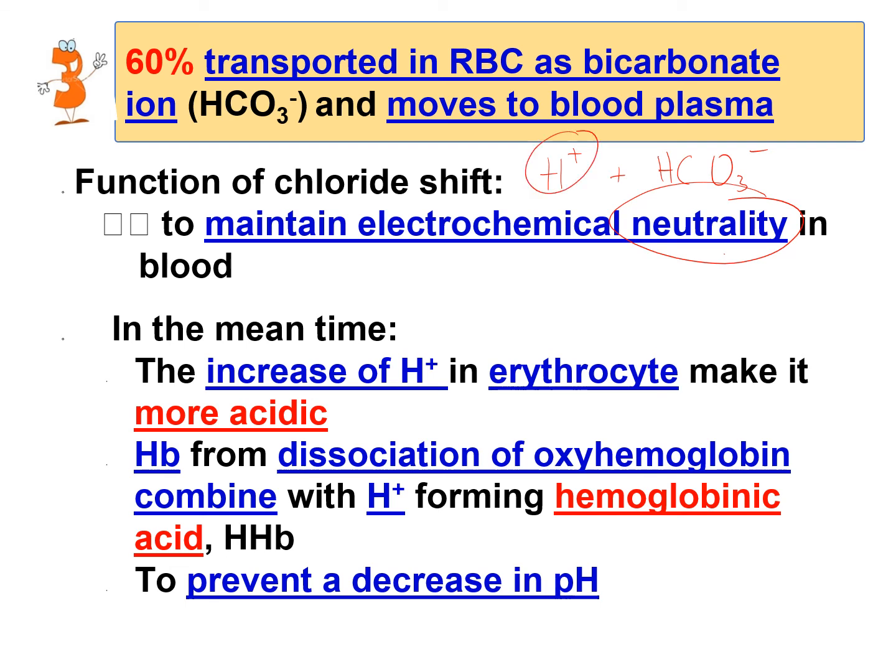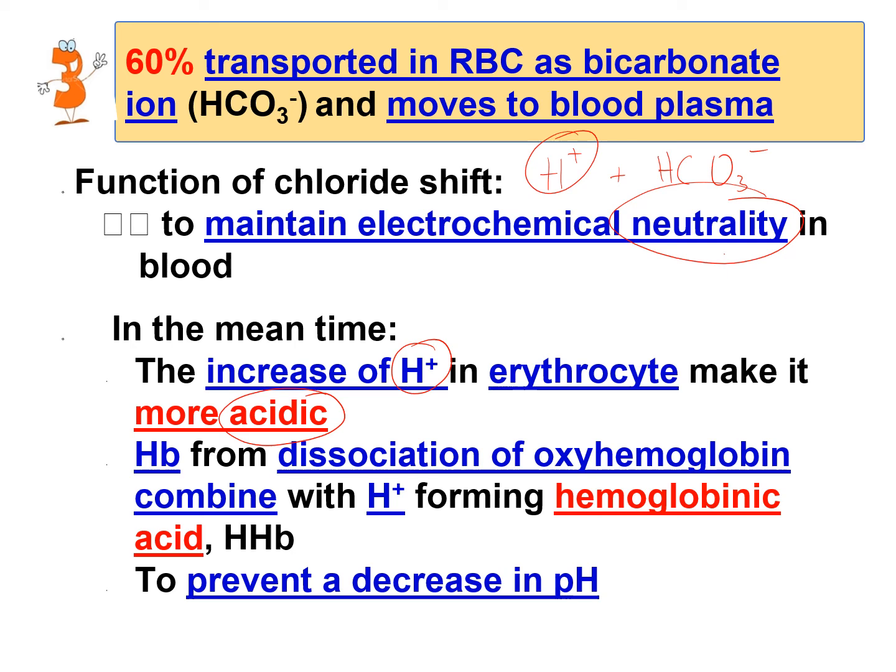Okay, let's not forget about the hydrogen ion. The increase of hydrogen ion in the erythrocyte would cause the erythrocyte to become more acidic. So to prevent the hydrogen ion from lowering the pH, it needs to be held by something.